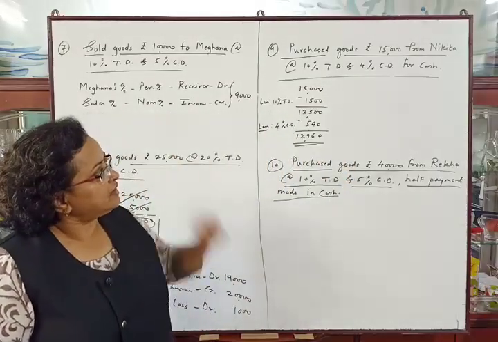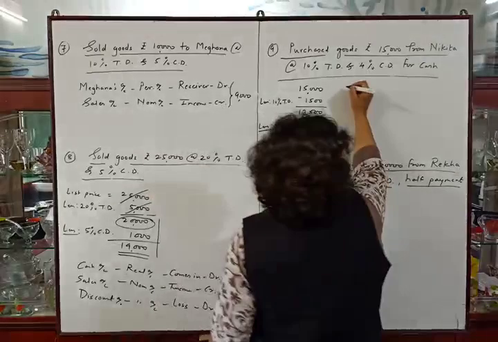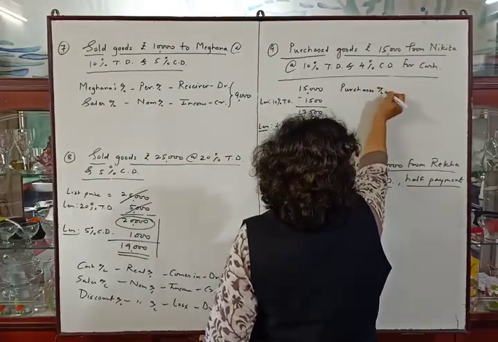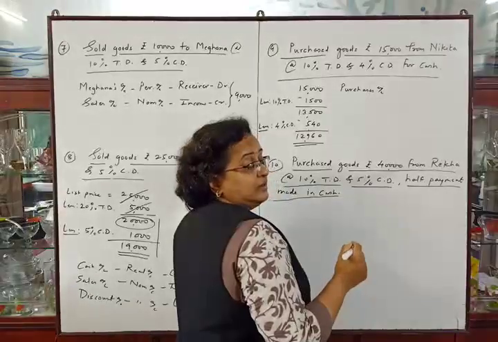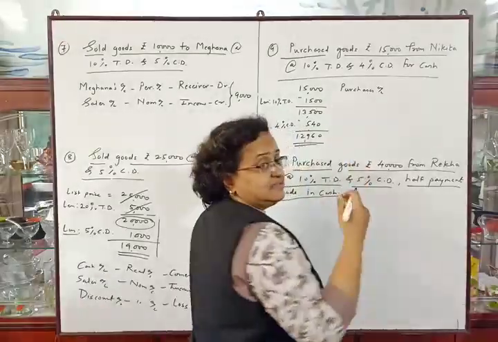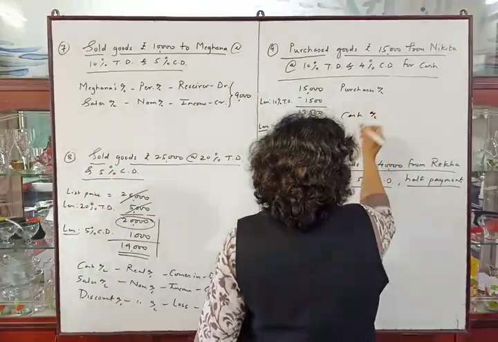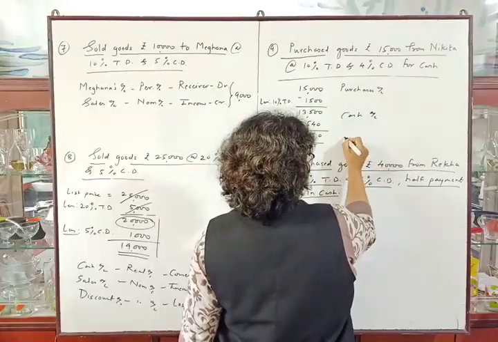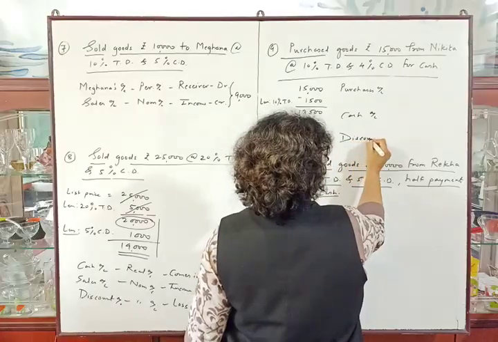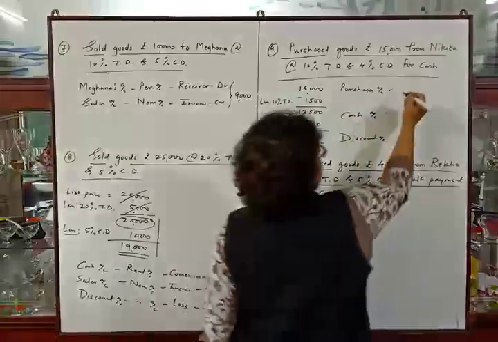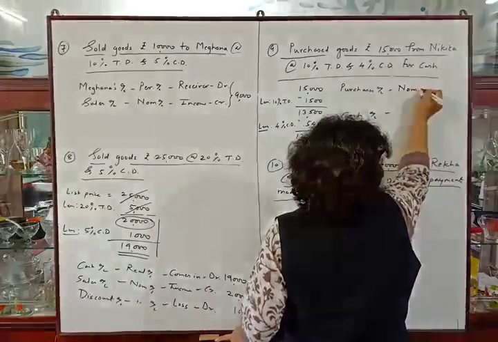Okay. Now the entry. 3 accounts will be involved. Purchases account. Then as this is a cash transaction, cash account. And as cash discount is given, discount account. Purchases account is nominal account.